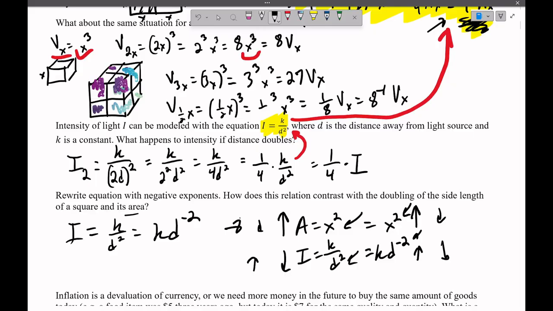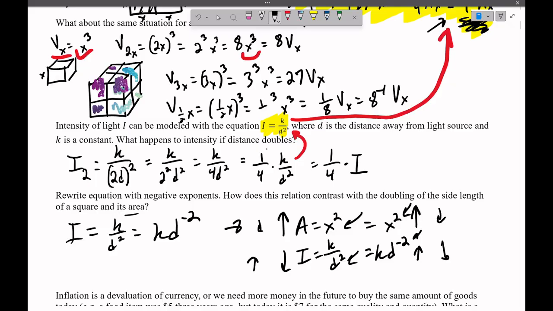It's a direct relationship. Whereas the intensity of light is an inverse relationship. If I increase d, I decrease I. I increase the distance, I decrease the intensity. Or if I decrease the distance, I get the light source closer, then I increase the intensity of light. It's an inverse relation.